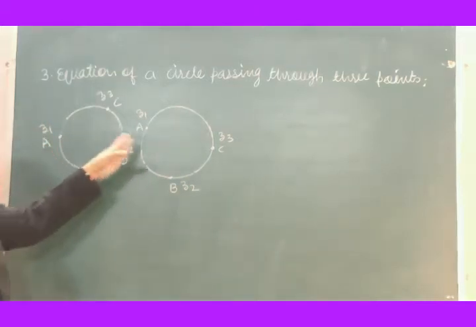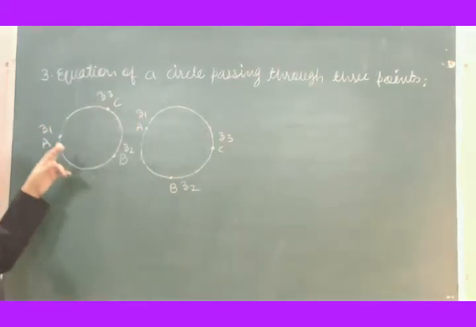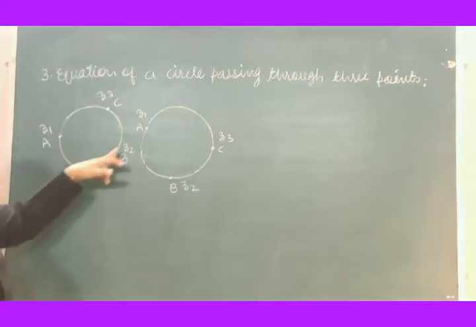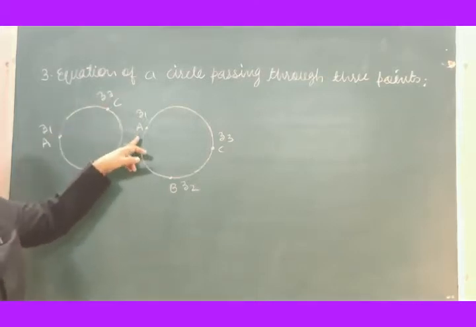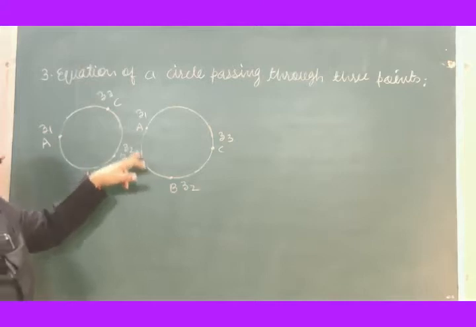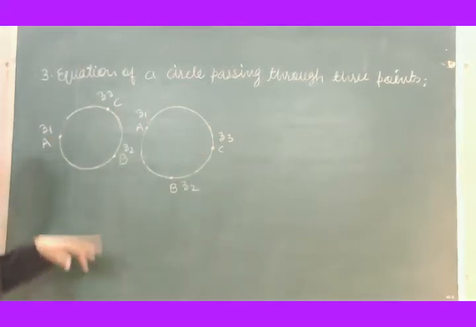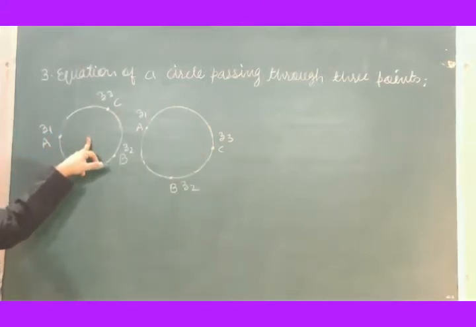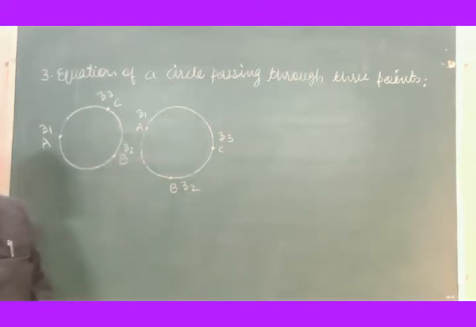Let us consider this circle and this circle. This circle is passing through 3 points A, B, C. This circle is also passing through 3 points A, B, C. This circle is drawn in the complex plane or Argand plane. This circle is also drawn in a complex plane.